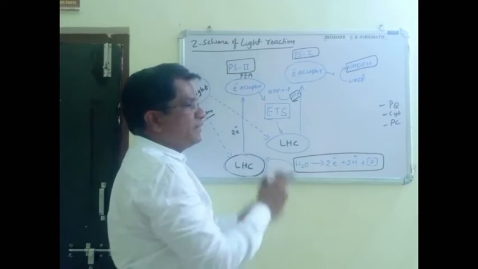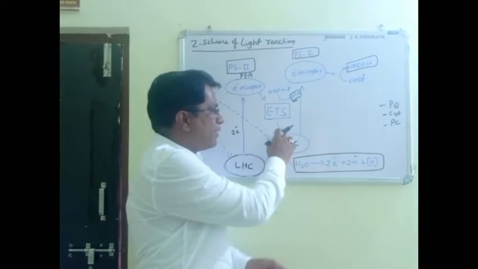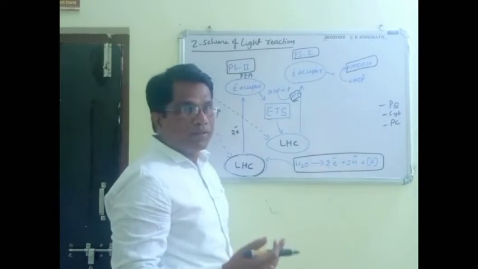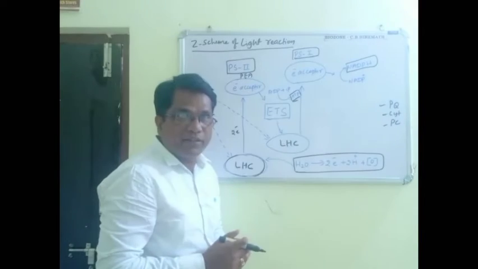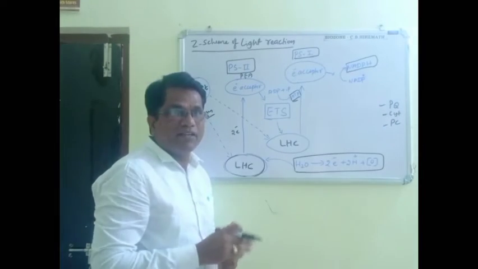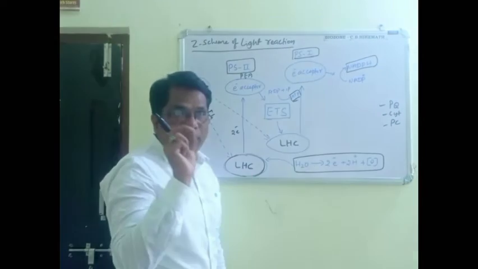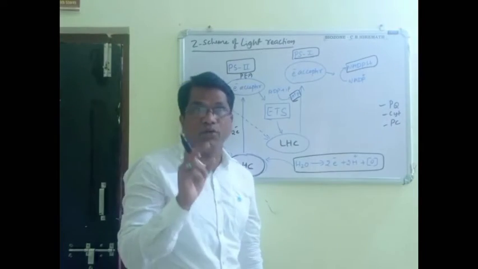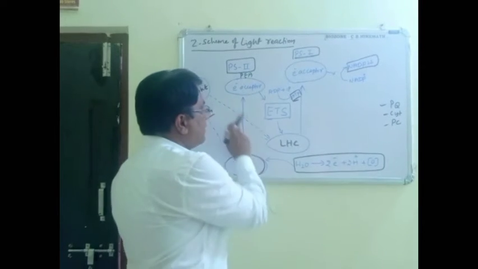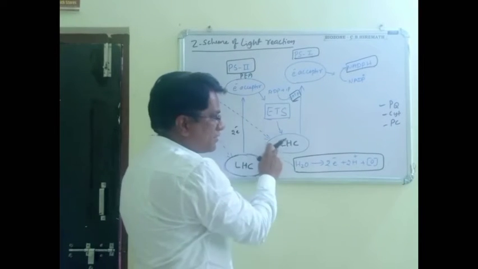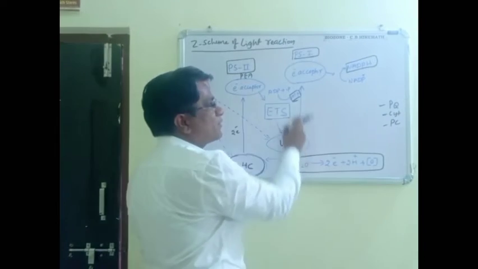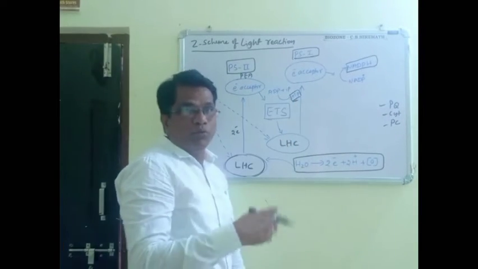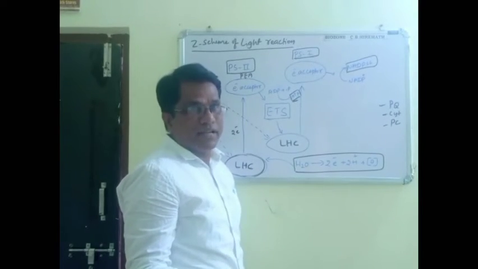After that the electrons are passed on to one more complex, that is the PS1 complex. There also pigments are present and one molecule of reaction center is there, which is going to absorb light wavelengths of 700 nanometer, and simultaneously the solar radiations are falling on this complex also. The electrons jump to a higher energy level, and those electrons also move on to electron carriers.